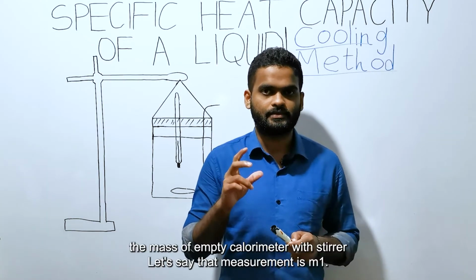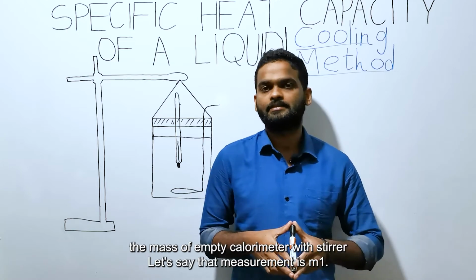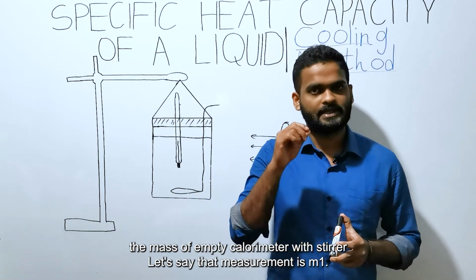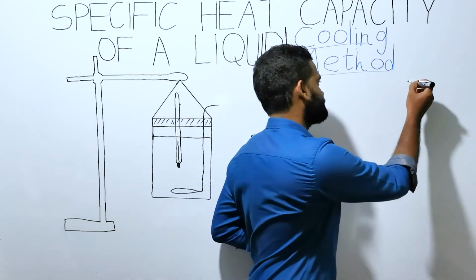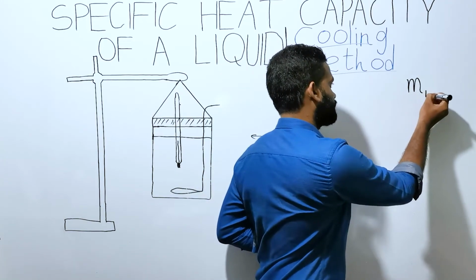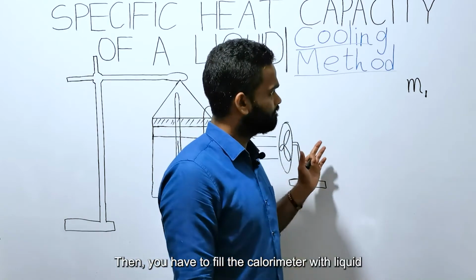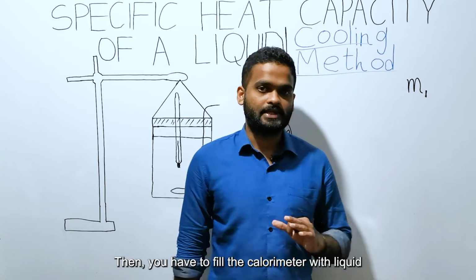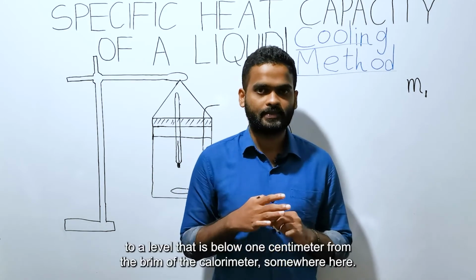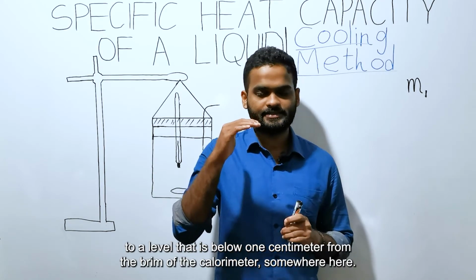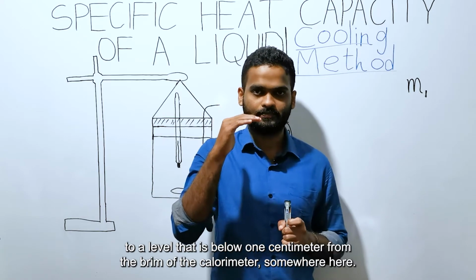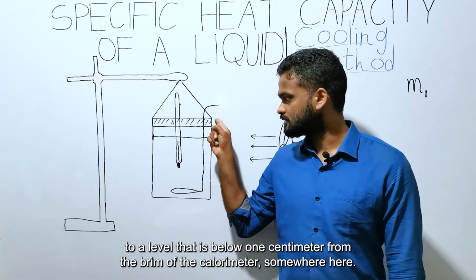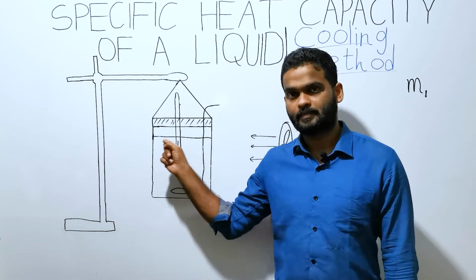First, you have to measure the mass of empty calorimeter with the styro. Let's say that measurement is M1. Then you have to fill the calorimeter with liquid to a level that is below 1 centimeter from the brim of the calorimeter. So, somewhere here.